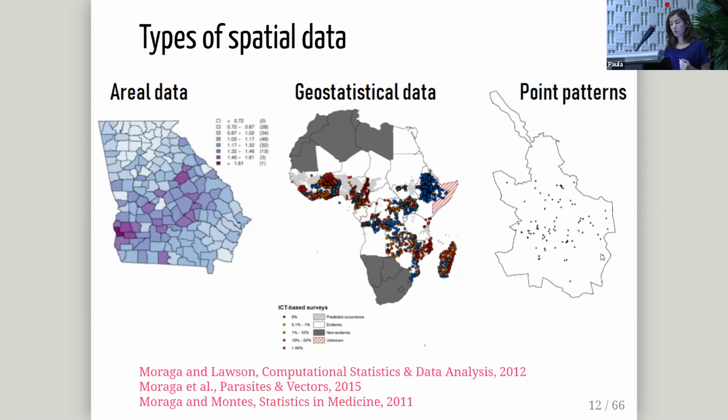And then in point patterns, the data are the locations of the people with the disease. So here, this is the city of Valencia in Spain, and the dots are the locations of the people with kidney disease.